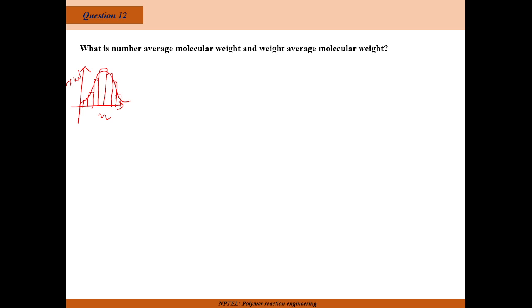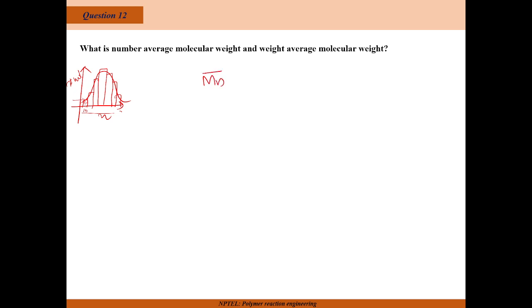One way to talk about it is to say there are n number of molecules with a particular molecular weight. So here it is basically the number of polymers, say there are 10 molecules.